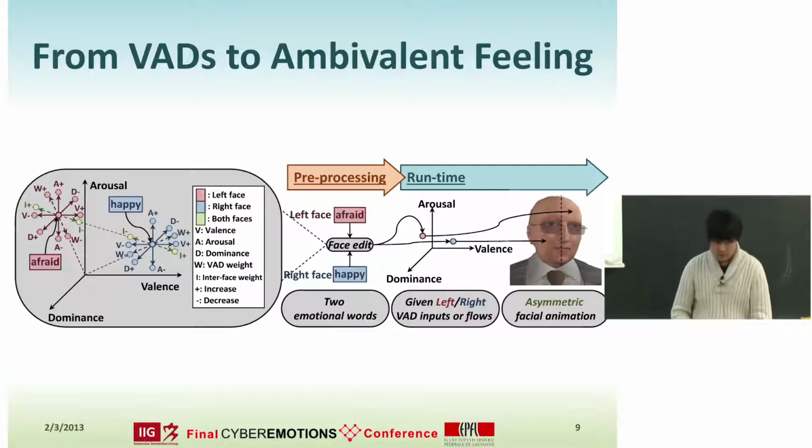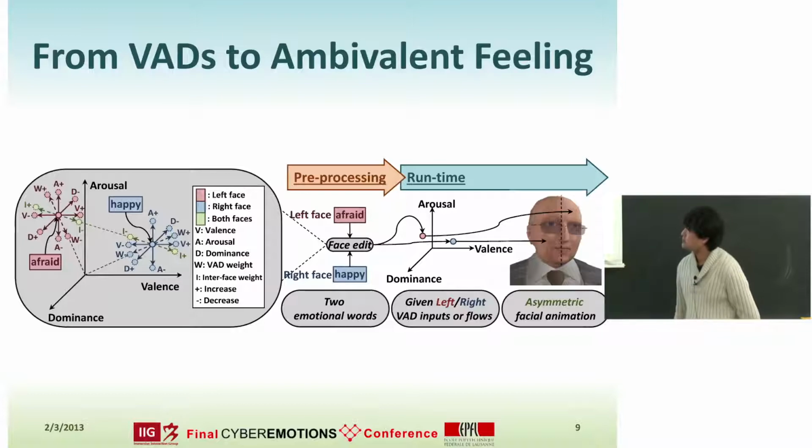There is some manual editing process to refine both sides of the facial expression. Then finally, we apply those two values to the left and right side of the face, and we have a more complex expression with two different emotions in one face.